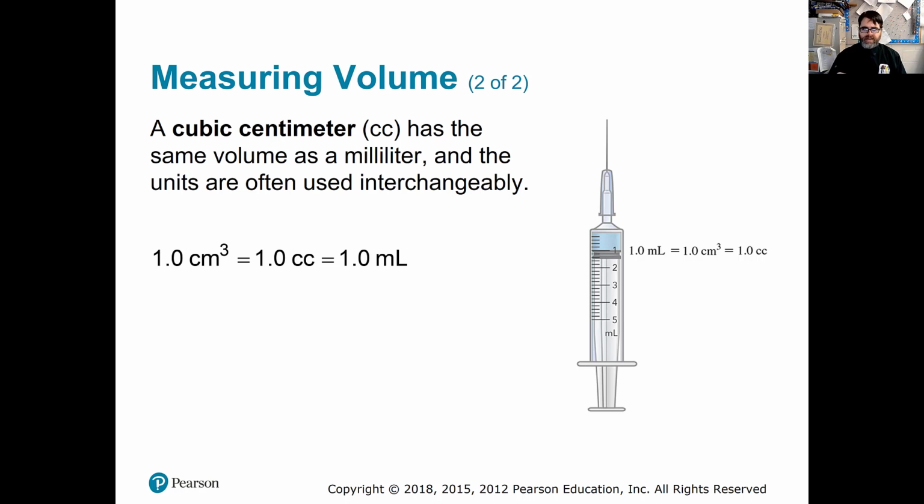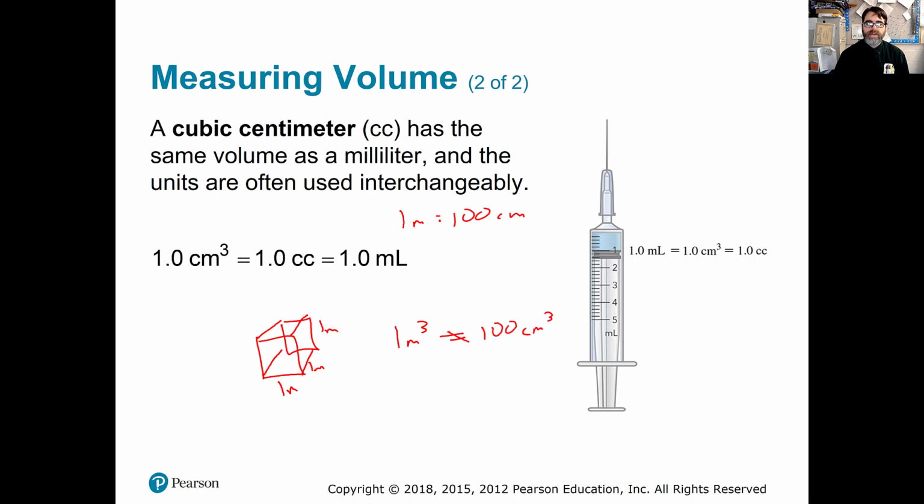I will say that if you're wanting to convert from a cube, if you have a cube here that is, say, 1 meter by 1 meter by 1 meter, that would be 1 meter cubed. But 1 meter is equal to, say, 100 centimeters. But 1 meter cubed is not equal to 100 centimeters cubed.